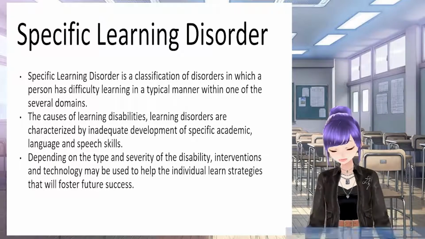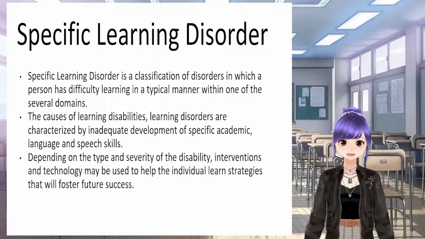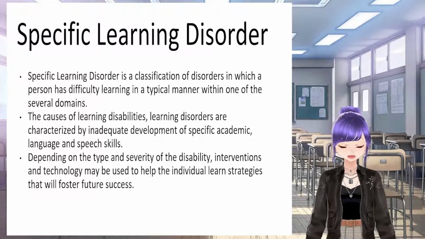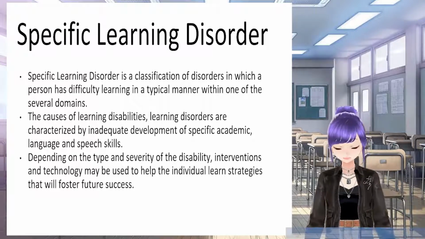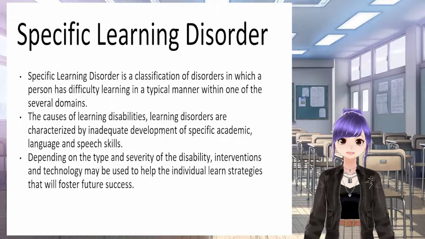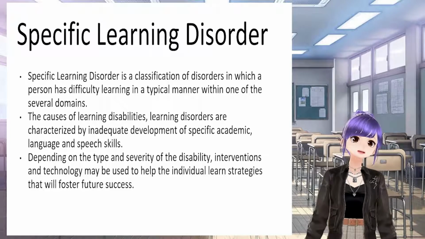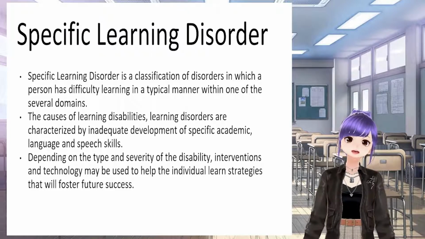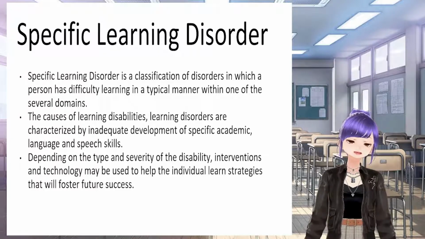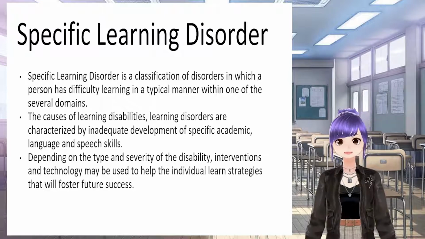So the types of learning disorder include difficulties with reading, or dyslexia, mathematics, dyscalculia, and writing, dysgraphia. So the causes of learning disabilities, learning disorders are characterized by inadequate development of specific language and speech skills.